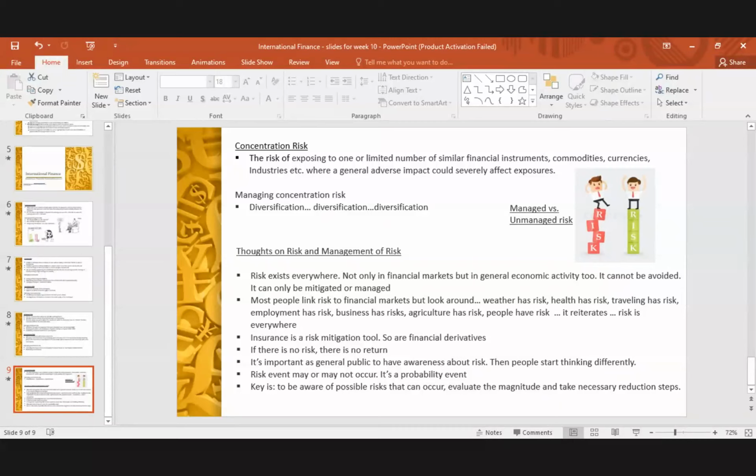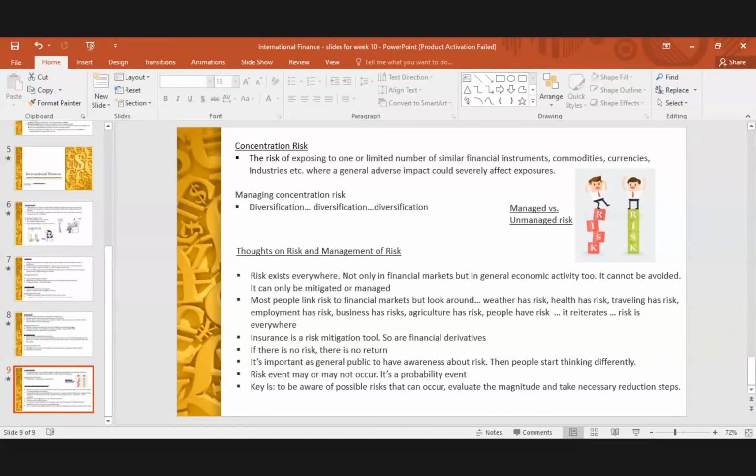So risk exists everywhere. We can't say there is no risk. Once I conclude this, we'll go back to what went wrong, what goes wrong in our lives, and show you how we can manage those. So when I start my vehicle to go to Kandy, I don't know whether there will be some errant driver who will come and hit me.